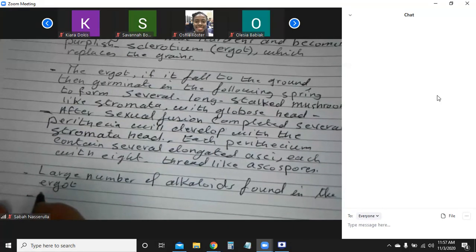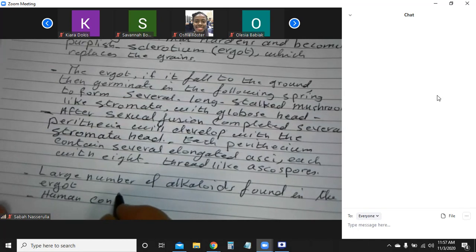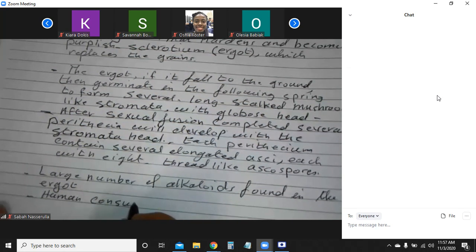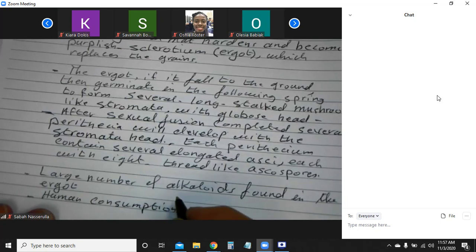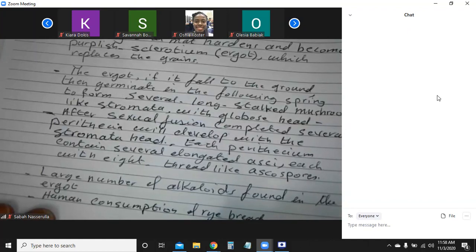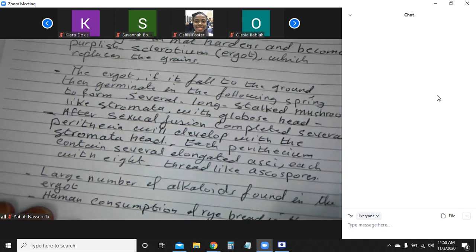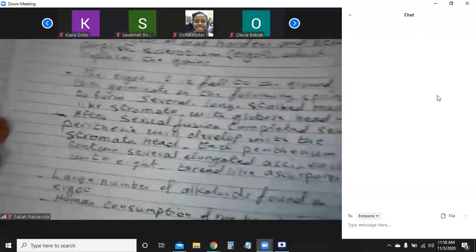And just to mention the other point, of course, that human consumption of rye bread with ergot, or even the animal, if they eat it, the same thing is going to affect them, huh?